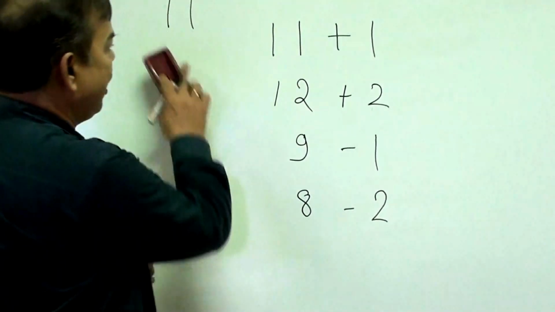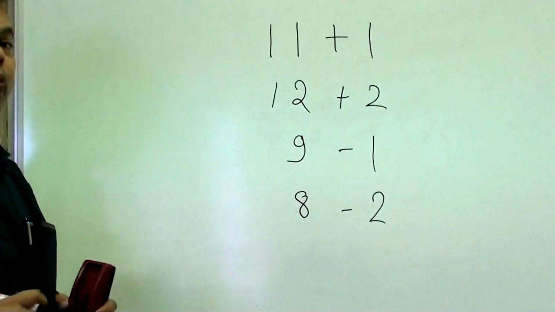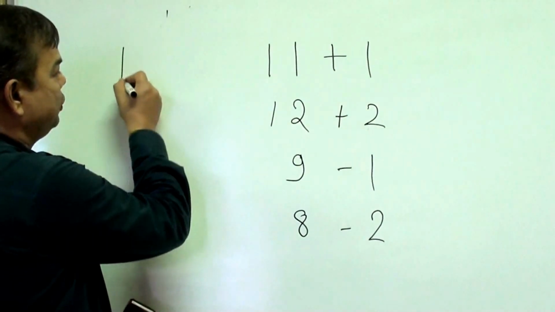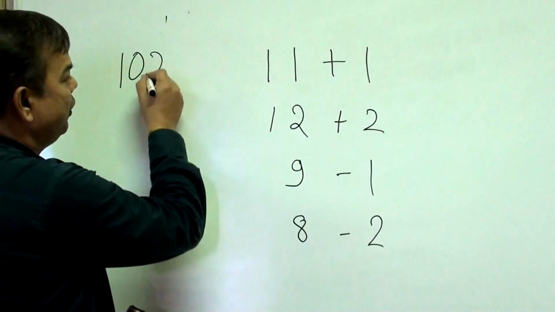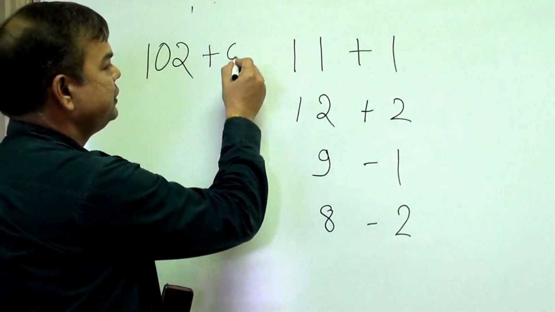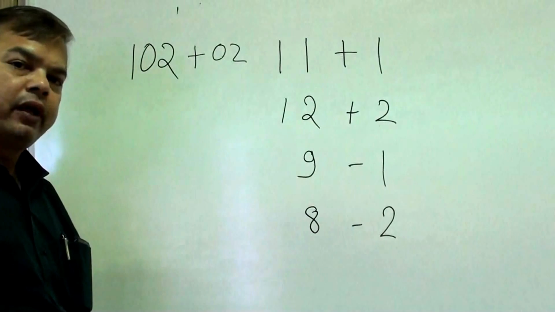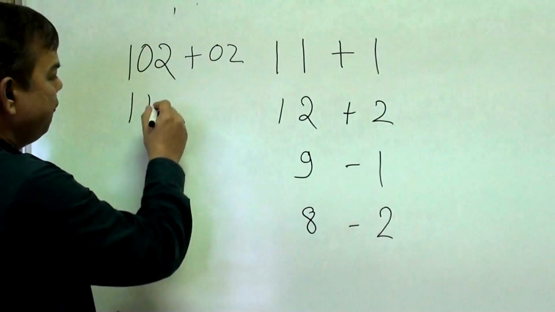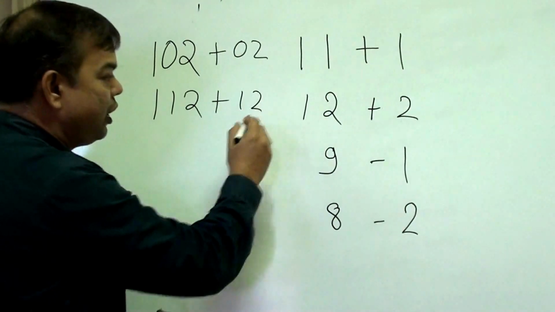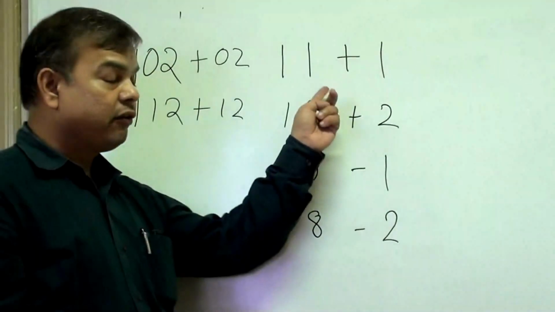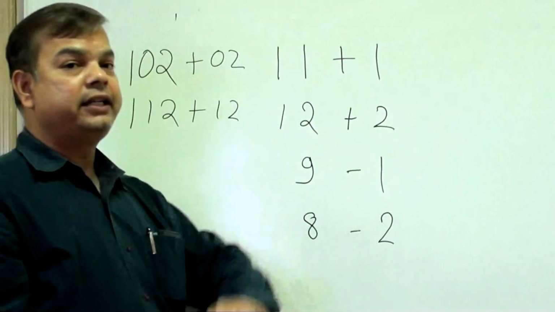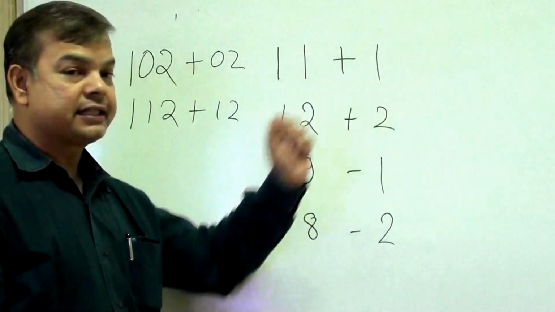So this is the way we write the numbers in Vedic maths which are close to the base 10. Now let us see how to write the numbers which are close to base 100. So 102 will be written as 102 plus 02. 112 will be written as 112 plus 12. Now you see, in case of numbers which were close to 10, we were writing only one digit after the plus sign.